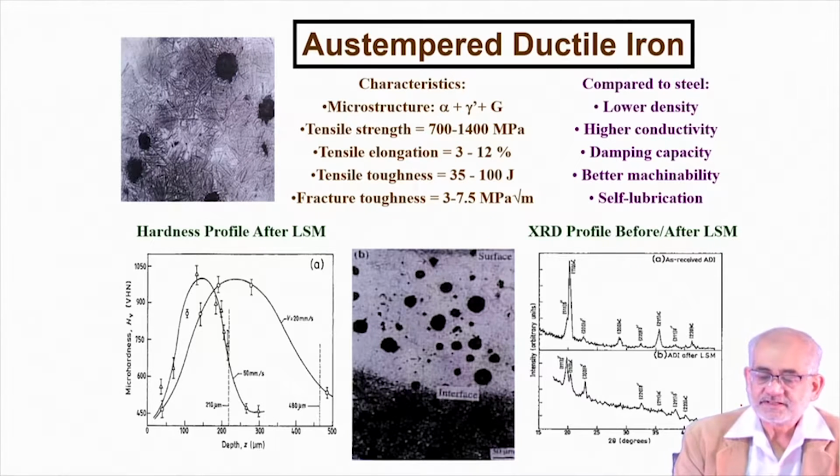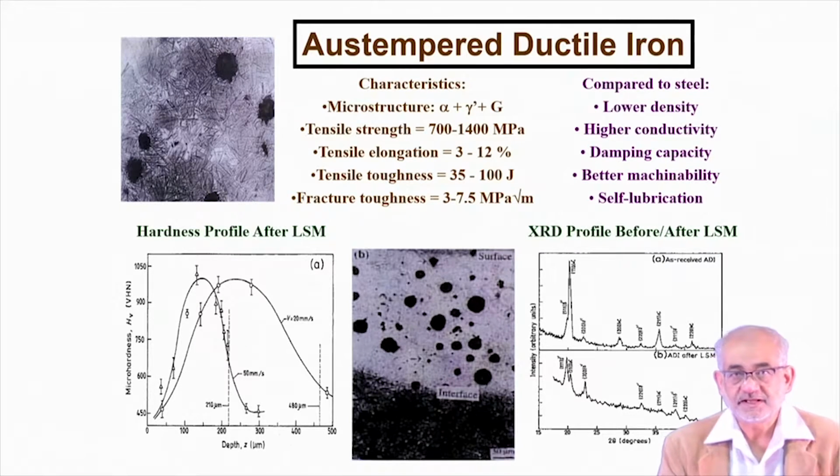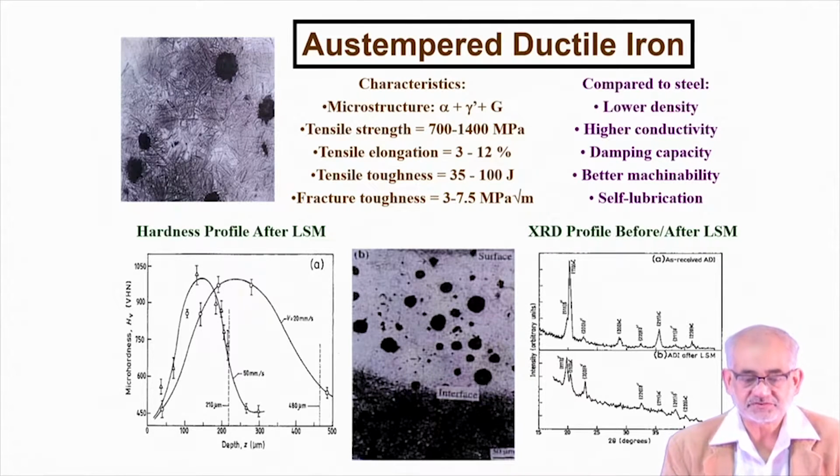Now, Austempered ductile iron, because of certain specific compositional effects, allows us to obtain, first of all, graphite in the form of spheroids, and then because of certain heat treatment, we end up getting a bainitic microstructure instead of pearlitic microstructure at room temperature, largely bainitic.